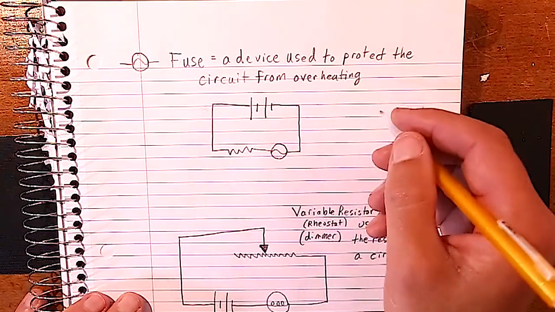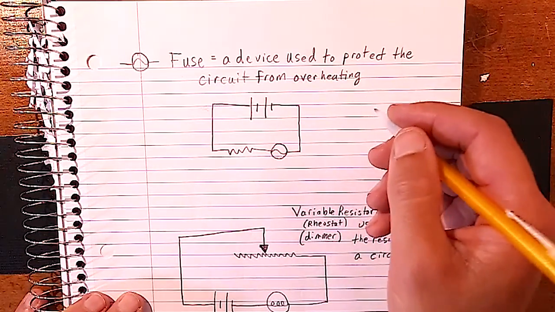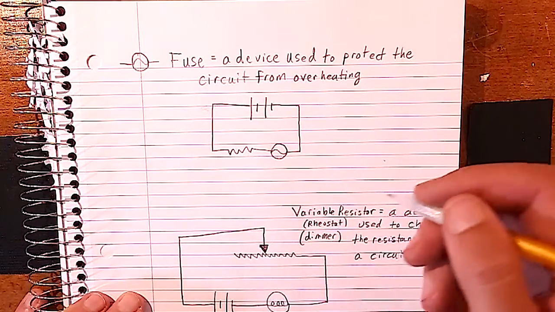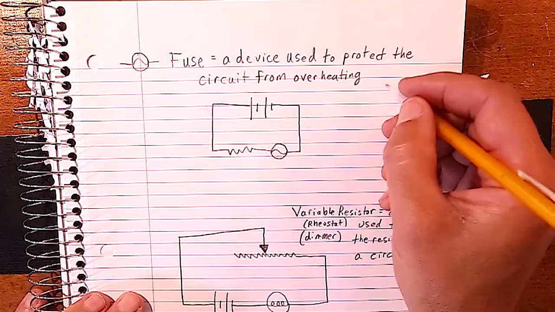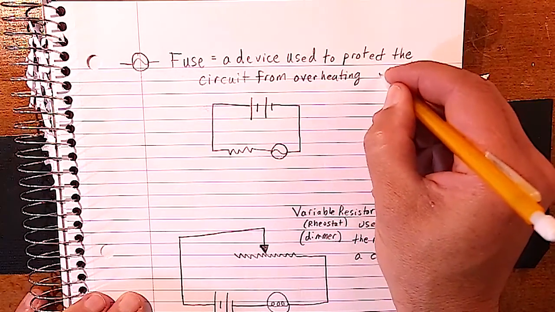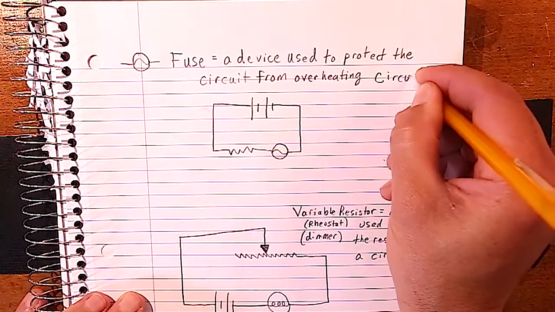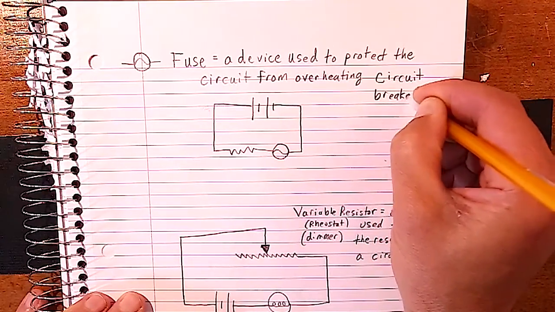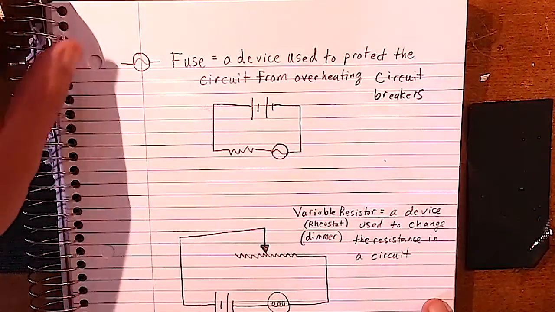Now, fuses aren't used that much anymore in homes. They're used in a lot of electrical appliances, and especially in cars. But in the home itself, we usually use circuit breakers, and they serve the same purpose, but they operate differently.